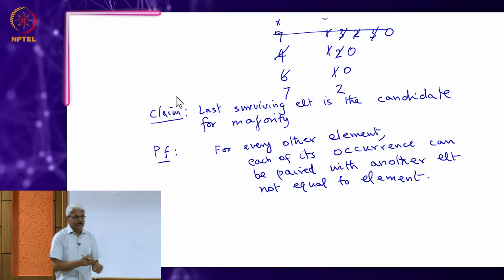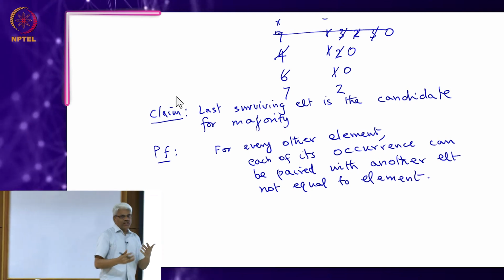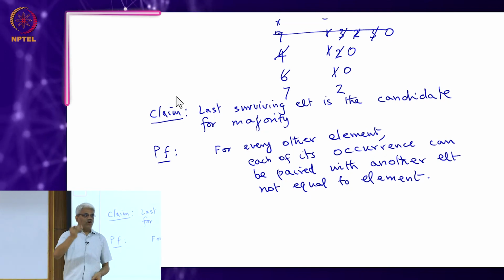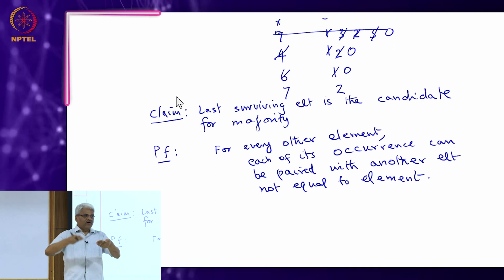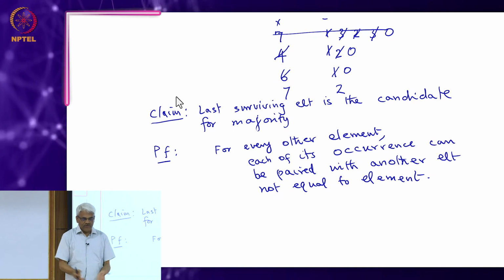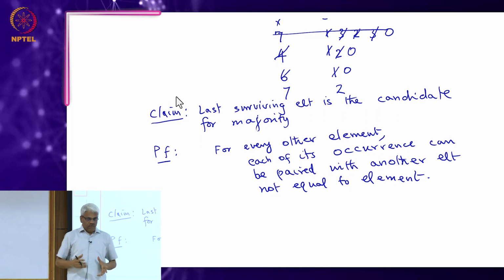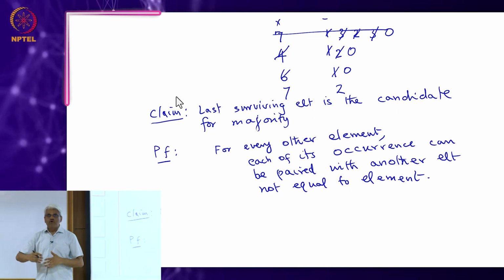Right? Because every other element, how did it get out of this counter which I am storing? Because somebody else knocked it off. Its frequency went on, and then somebody else knocked it off and it became 0. So you think of it as pairing this. So it cannot have appeared more than n by 2 times.